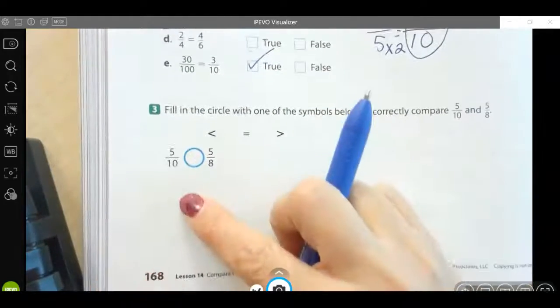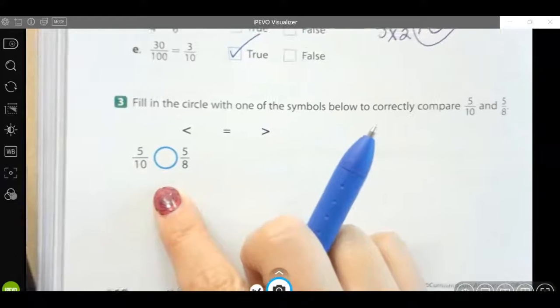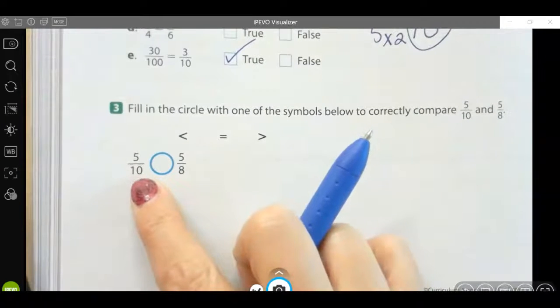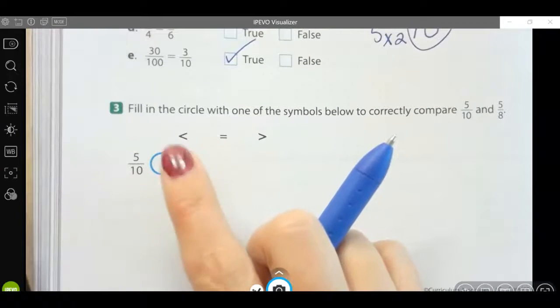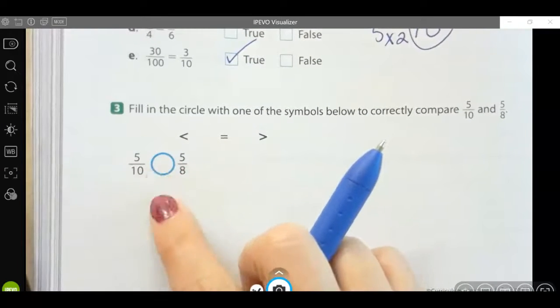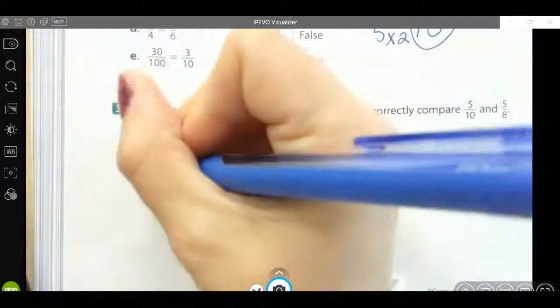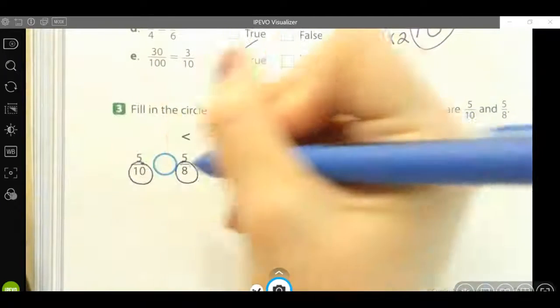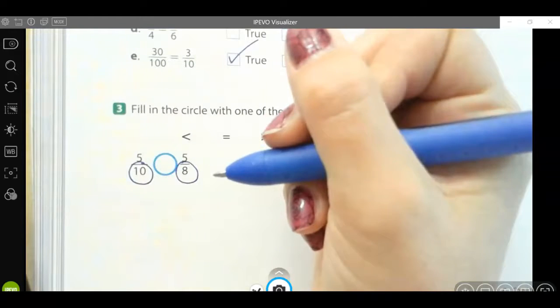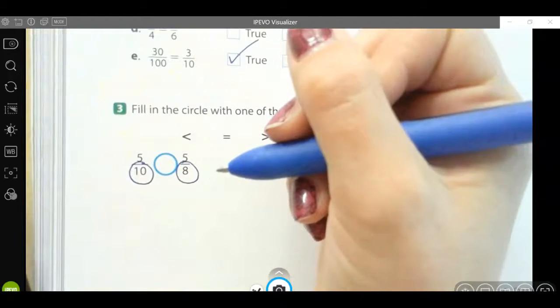Let's do number 3. We're comparing 5/10 and 5/8. We don't have to do common denominator with this. We can do benchmark, but they both have the same numerator.